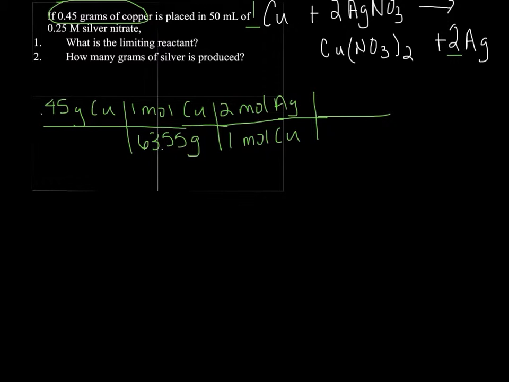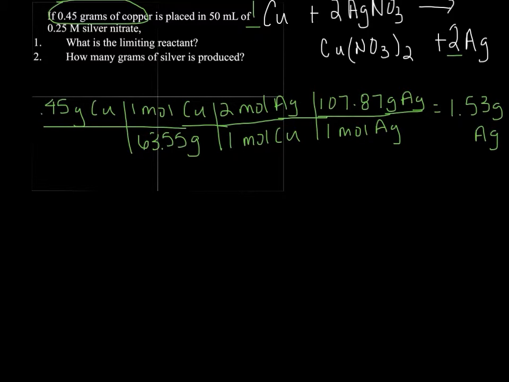And I'm finally going to go to grams of silver using my molar mass of silver. 1 mole of silver is equal to 107.87 grams of silver. After calculating, I get 1.53 grams of silver.